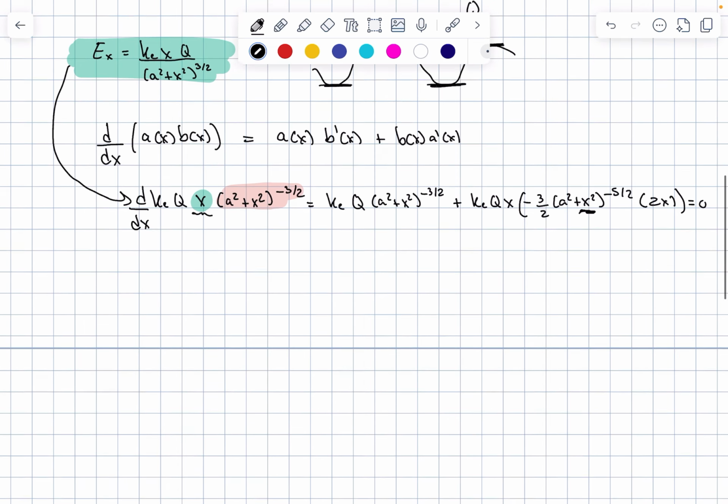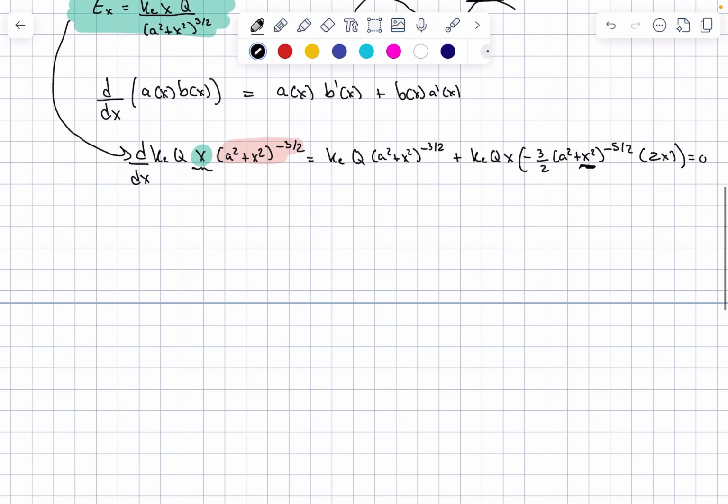Now the next thing I do is rearrange some things a little bit, and I should tell you one more thing. Here, what we're going to be able to do is take these k_e Q out.